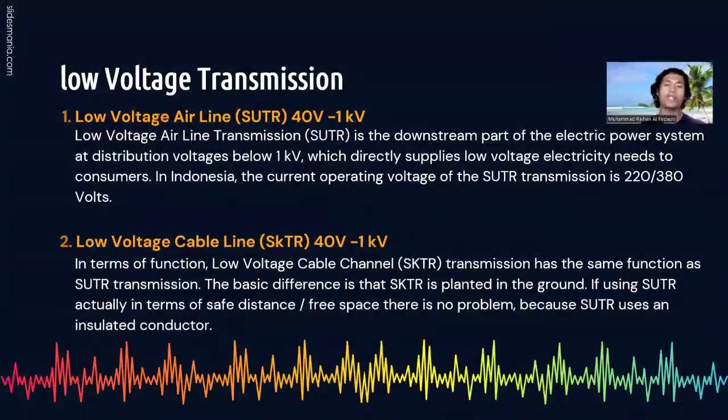The aspects of low voltage transmission. The first is the low voltage air line, or SUTR, about 40 volts until 1 kilovolt. The low voltage air line is the downstream part of the electric power system at distribution voltage below 1 kilovolt, which directly supplies low voltage electricity needs to consumers.